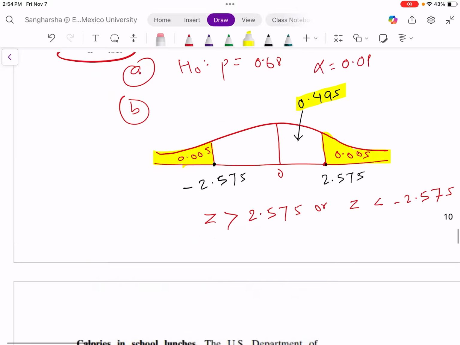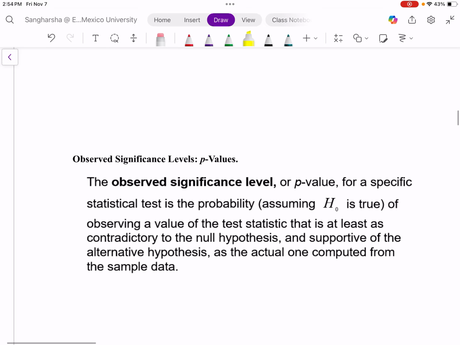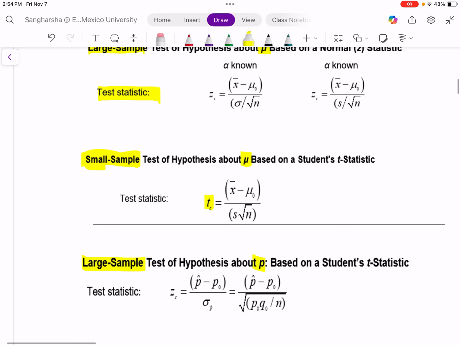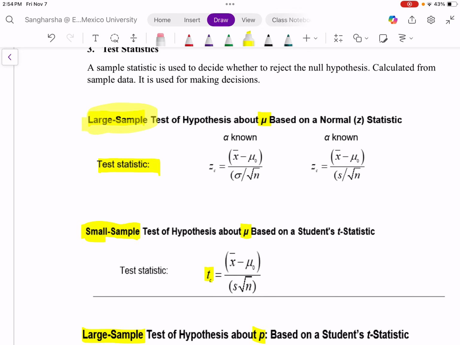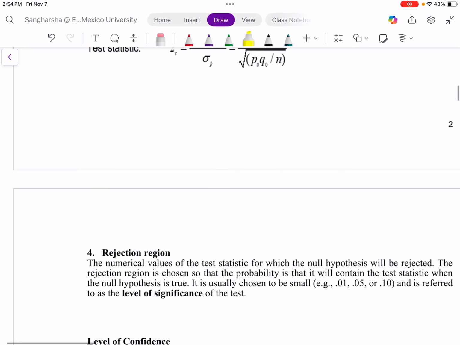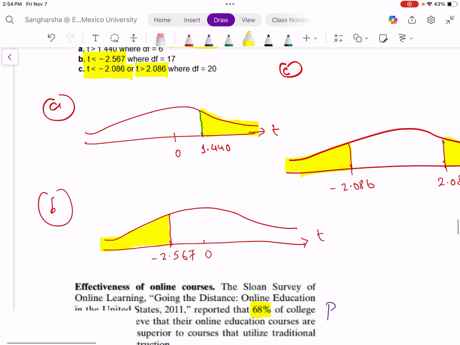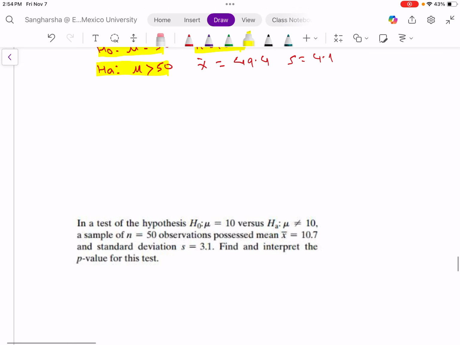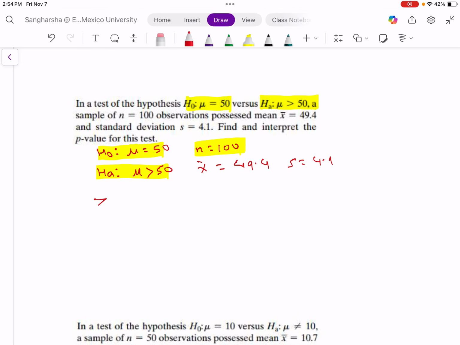So for a large sample and parameter mu, since our sigma is unknown, the test statistic z is x bar minus mu divided by s over square root of n.